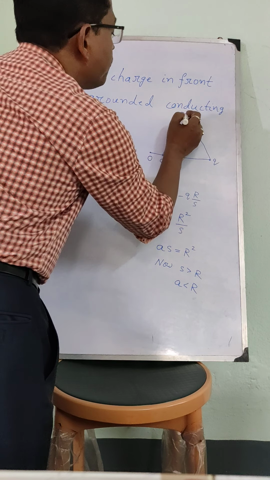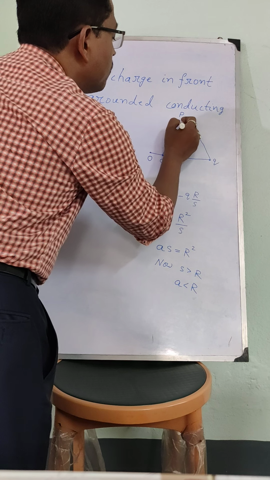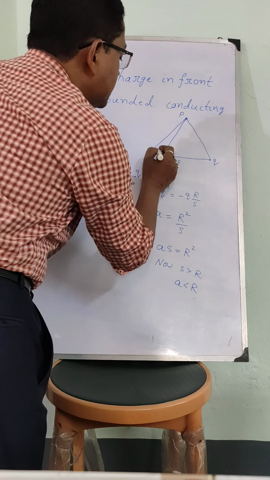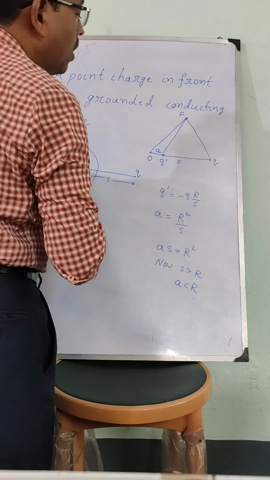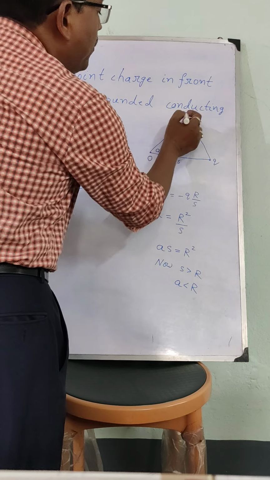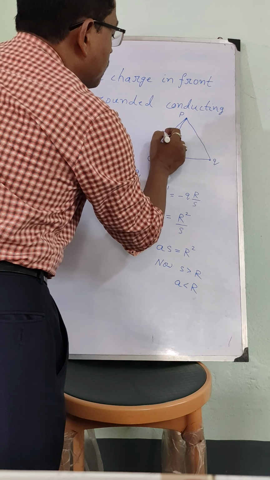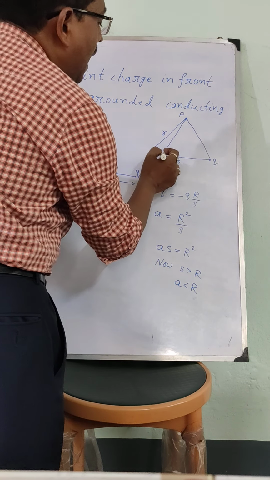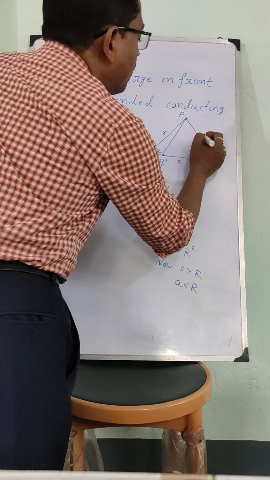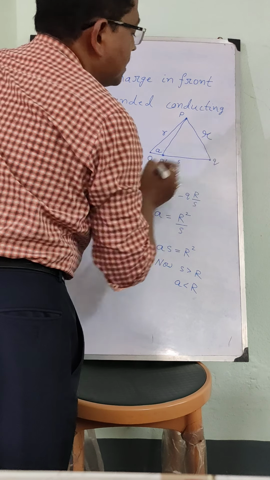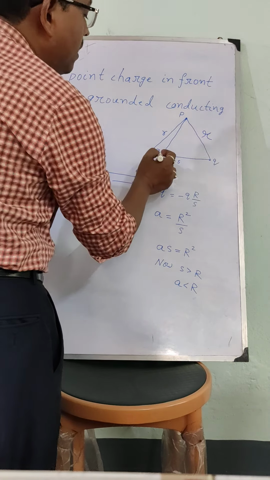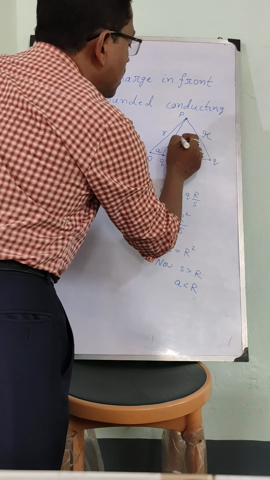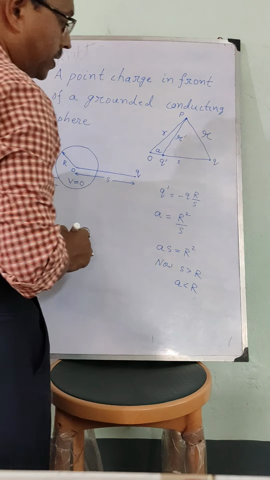So this distance is a. Now OP I am calling small r, O to P I am calling small r, and Q to P I am calling this curly r, and Q prime to P I am calling curly r prime.